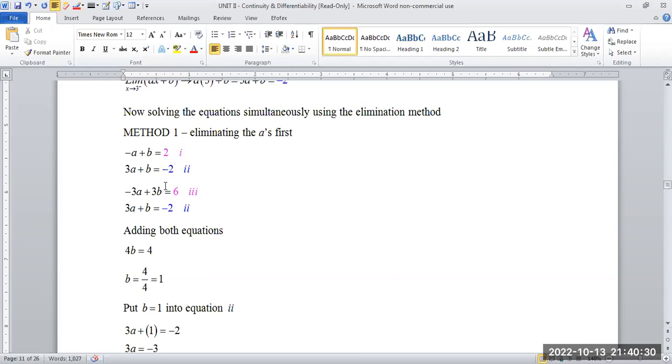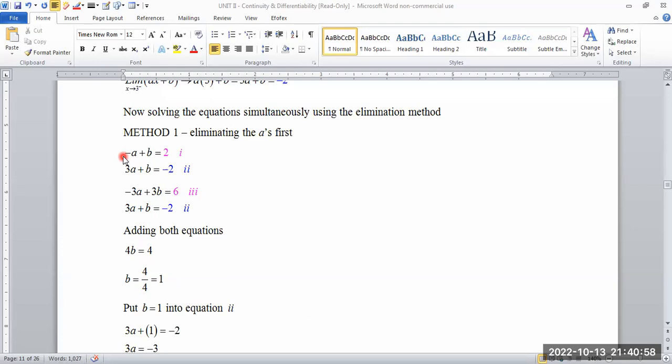So what I'm saying to you is, I'm solving simultaneously. Let me spotlight this. This a here is negative, and this a here is positive 3. In order for me to eliminate, because I'm using the elimination method and I'm eliminating the a's first, I'm going to multiply equation 1 by a scalar quantity 3.